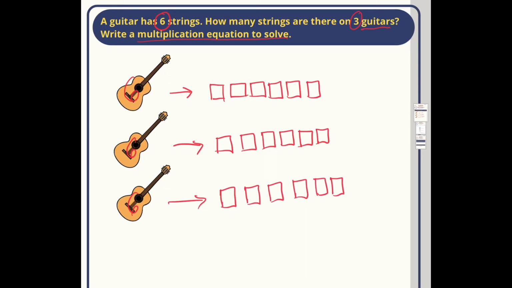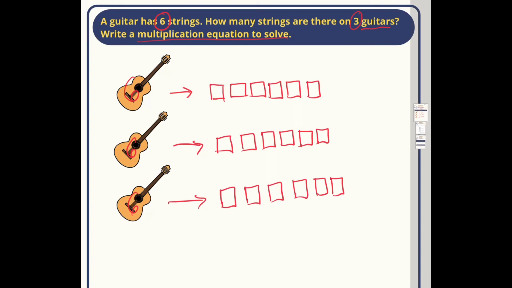So now it's going to be easier for us to decompose. When you say decompose, we break it down to friendly numbers. What are our friendly numbers? Friendly numbers are numbers that you can skip count easily, like 1, 2, 5, or 10.